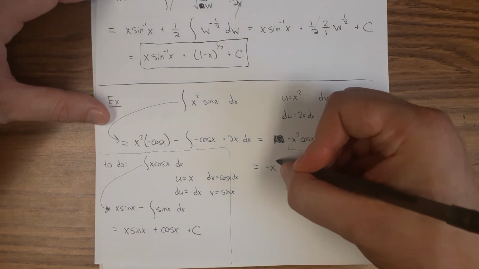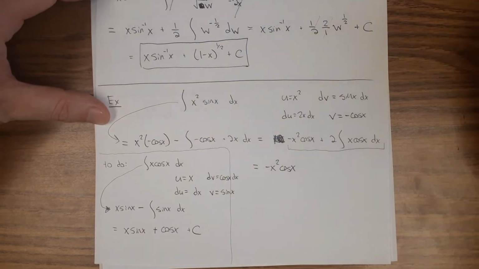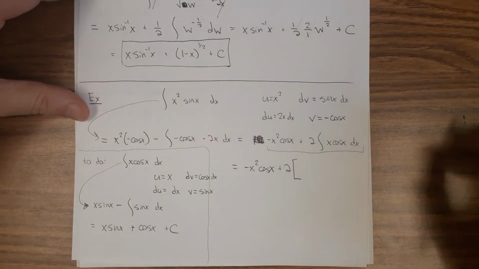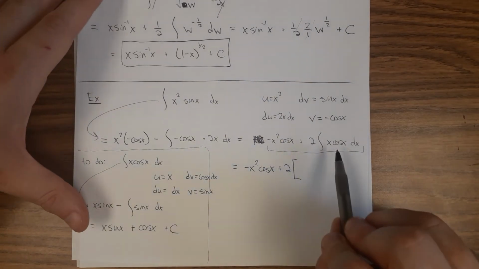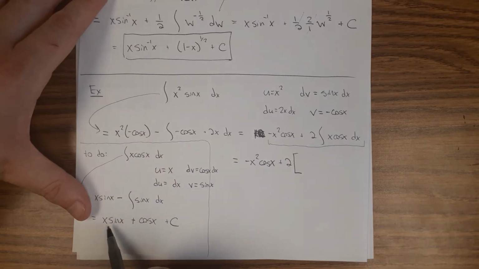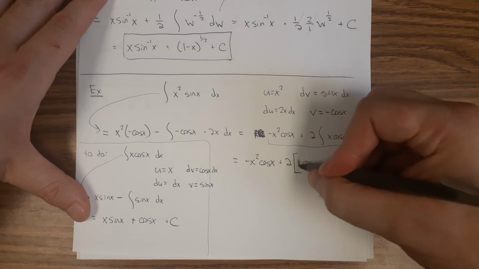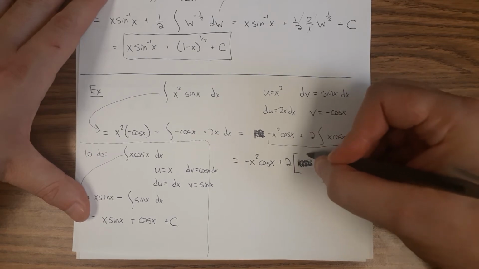This was negative x squared cosine x plus 2. And then what goes in here is the answer that we just figured out. Oops, I need to write it down correctly.